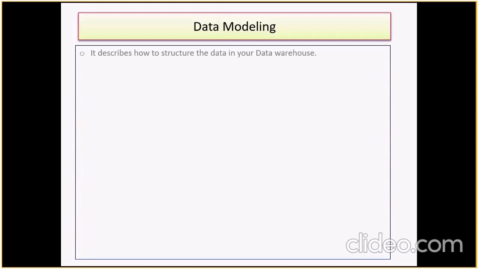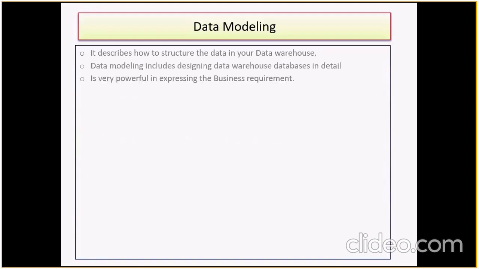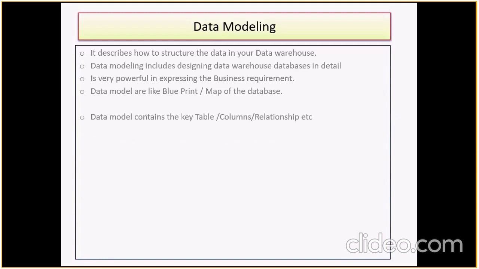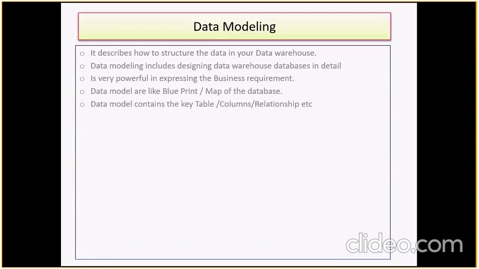It has all the tables, columns, and their relationships. It's a blueprint of your database, you can say that. As we have all the information, the structure and relationship, it is very powerful in expressing the business requirements.